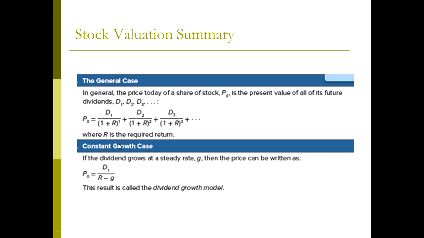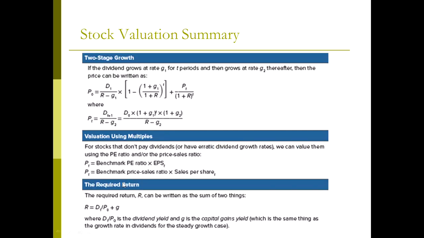We use a constant growth model. We assume the dividend will grow at a constant rate, G. So the price of the stock in the constant growth model will be D1 divided by R minus G. Then we introduce the two-stage model. In the early stage, the company is growing at a faster rate, G1.